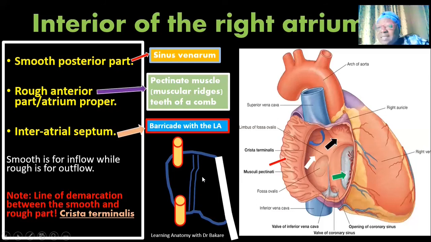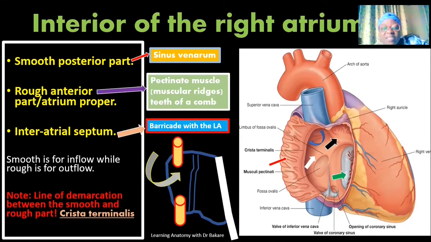This should be understandable because the sinus venarum is the smooth part, and this anterior region that appears rough is the right atrium proper. So the demarcation is formed by the crista terminalis on the inside, while on the outside it is the sulcus terminalis.